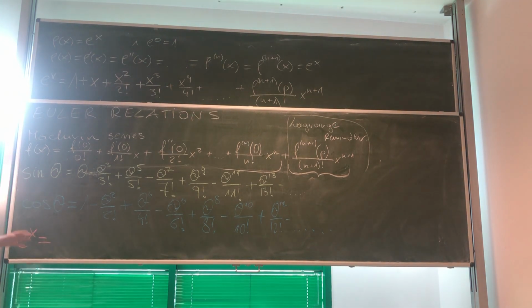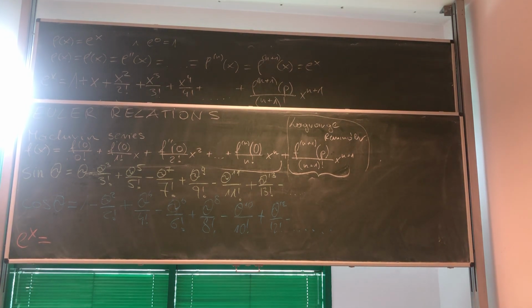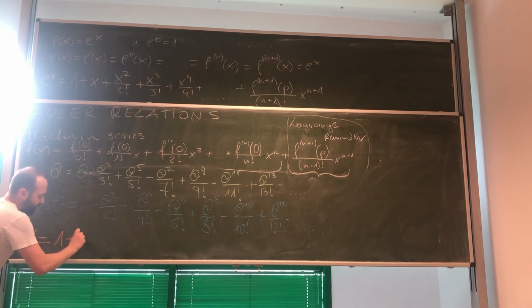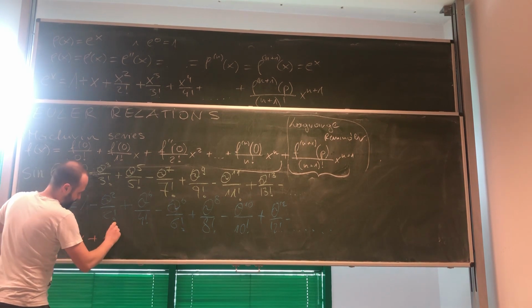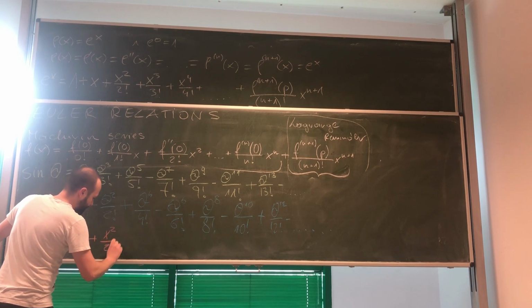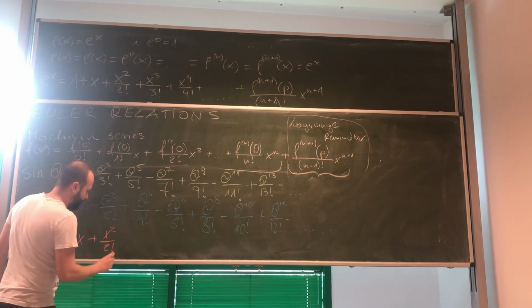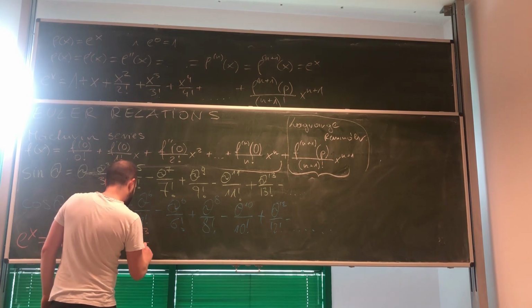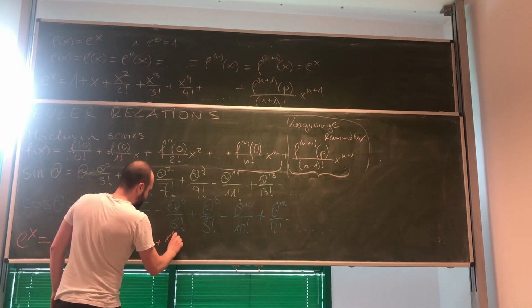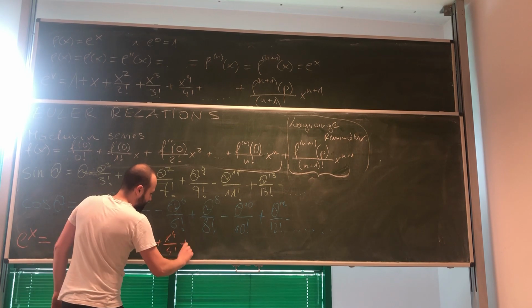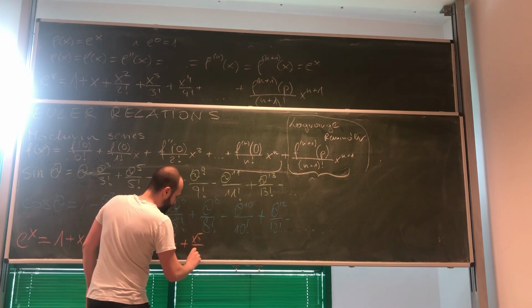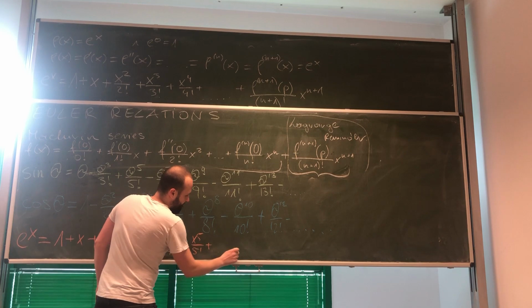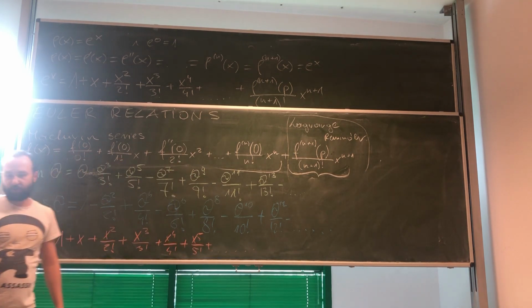We know that the perfect representation in terms of the infinite Maclaurin series is going to be simply 1 plus x plus x squared over 2 factorial plus x cubed over 3 factorial plus x to the power 4 over 4 factorial plus x to the power 5 over 5 factorial, and so on.